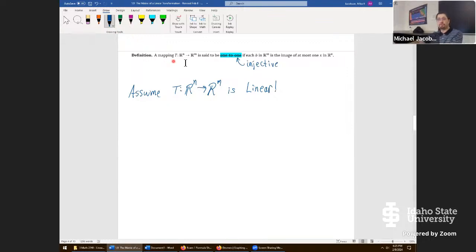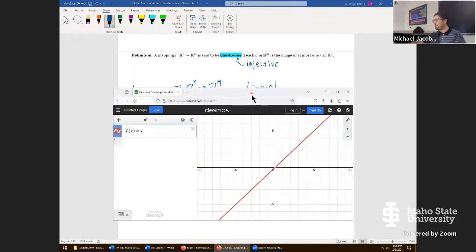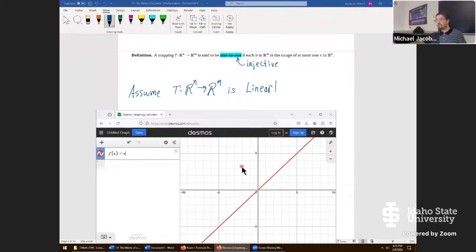Looking here, it says, well, for any mapping, we'll say it's one-to-one if each B in Rm is the image of at most one X in Rn. Let's take a look at a couple pictures just to get a feel for that. This would be a one-to-one mapping. B is the image of at most one X in Rn. The B they're referring to would be something out here.